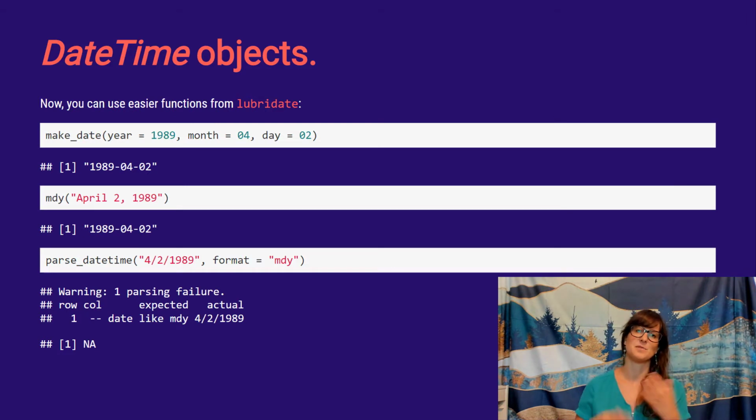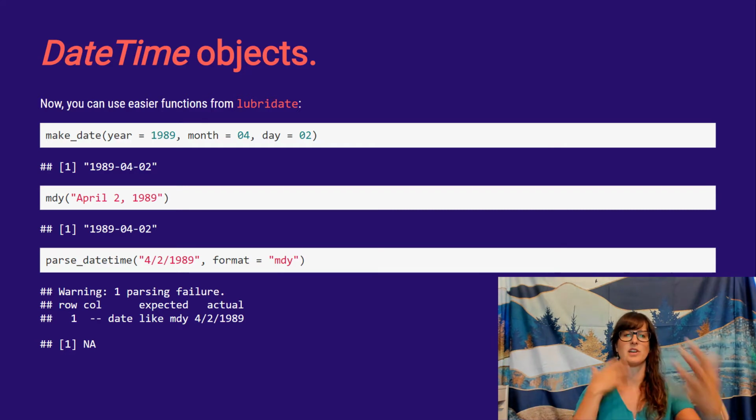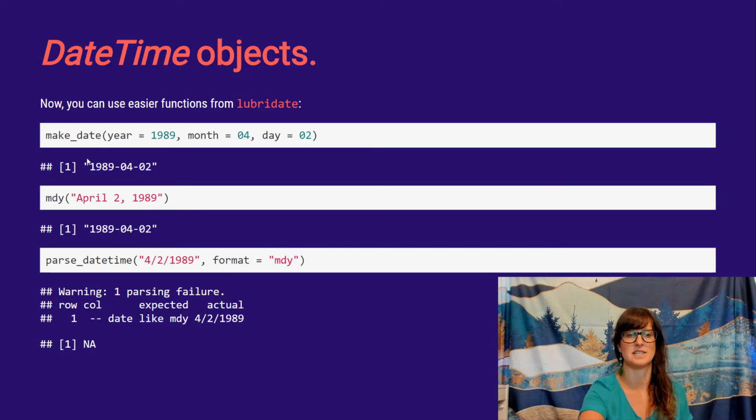So lubridate comes with some nice functions that are kind of shortcuts. So one shortcut is you can actually manually make the date. You can hand to R, here is a year, a month, and a day, and R will convert this to a DateTime object. So we see here, it's converted to that string format, and it's understood to be a DateTime object.